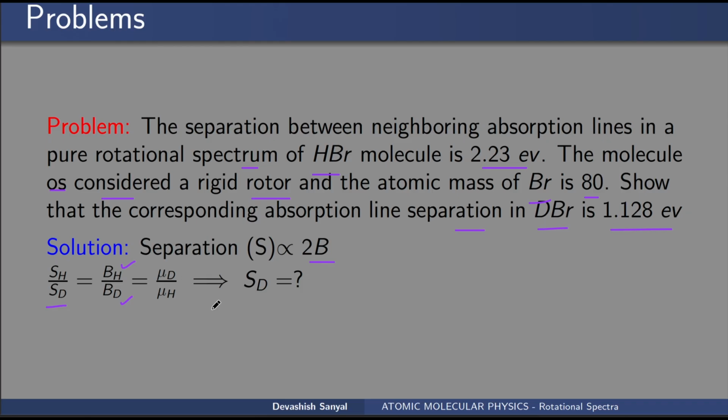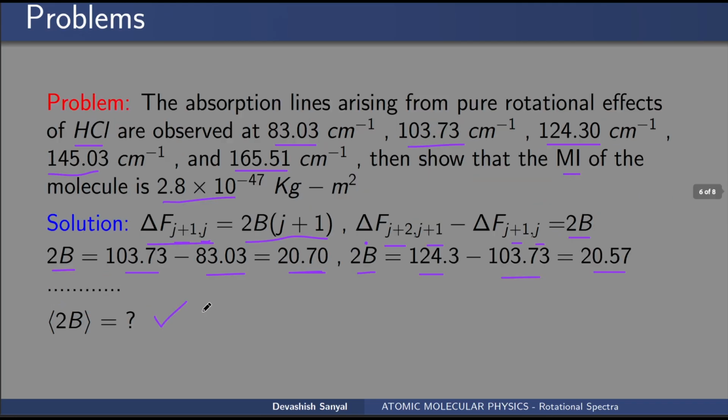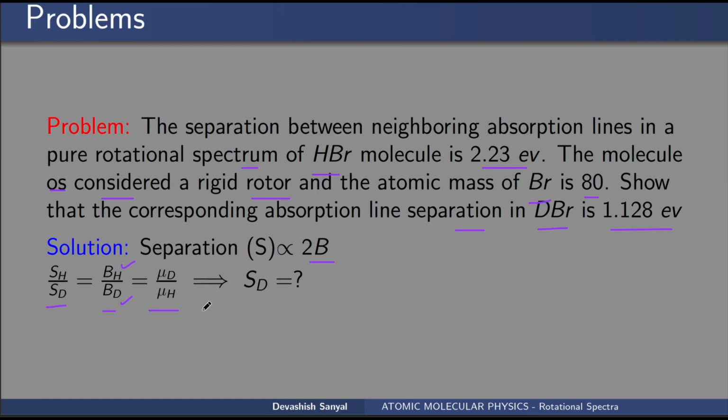So if the distance remains the same, we can write this expression in terms of the reduced mass, mu D by mu H. We can find mu D by mu H from the data given, and from there we can find the separation.